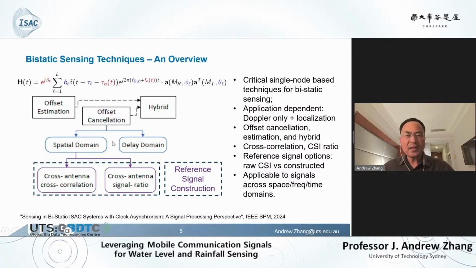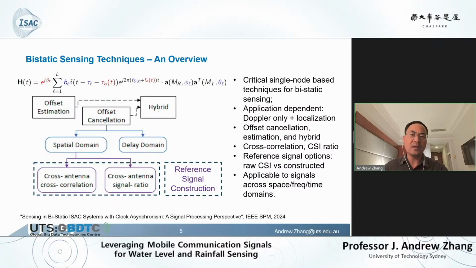One main technique exploits the fact that the clock offsets between multiple antennas and the single transmitter are the same, because quite often multiple receiving antennas are supported by a common clock, right?